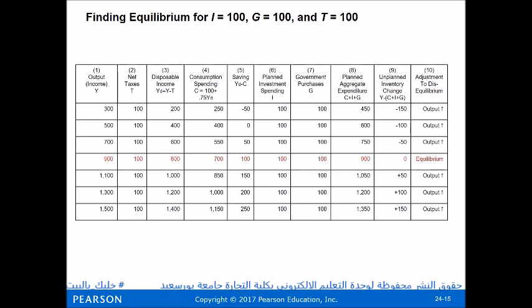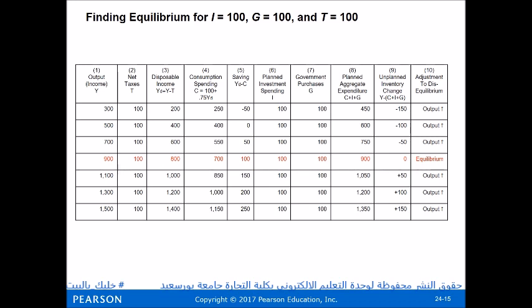Column 6 gives the value of planned investment, and that value is assumed to be constant. So we see that the value of I is the same at the different levels of disposable income and before-tax income, which is 100. Column 7 gives us the value of government purchases, or government spending, which is also constant at 100.